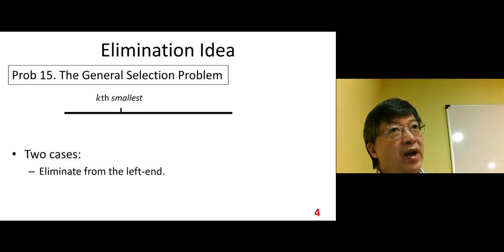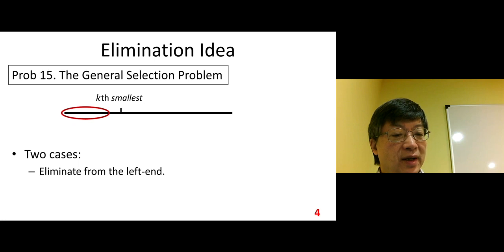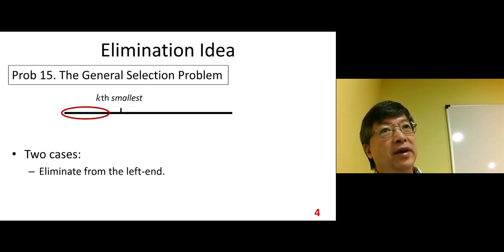The first way, eliminate from the left end. When you do elimination, sometimes you need to eliminate the subarray from the left end, so this end. For the remaining elements, you need to do the recursive call.